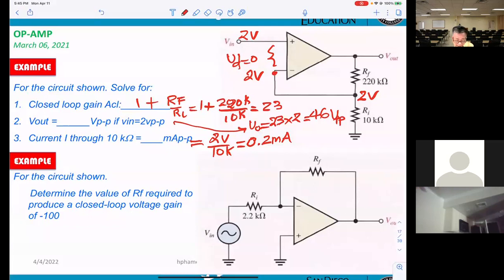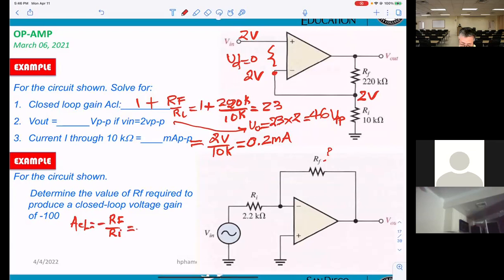They want the value of RF. They want this resistor to produce a closed loop voltage gain of minus 100. So basically you get ACL equal minus RF over RI.